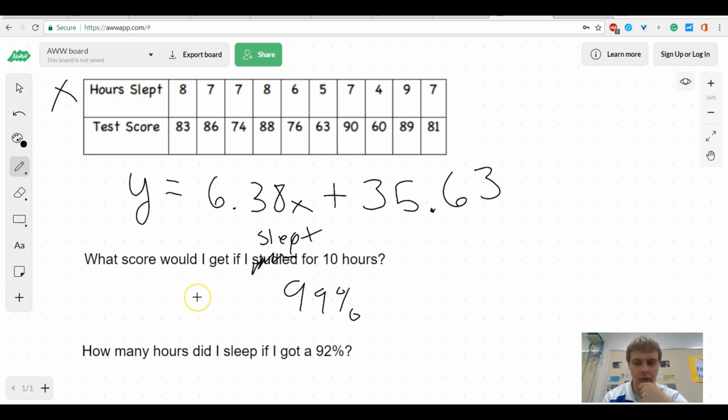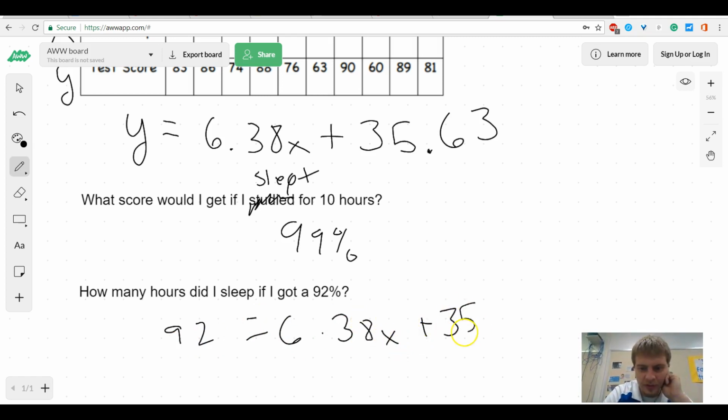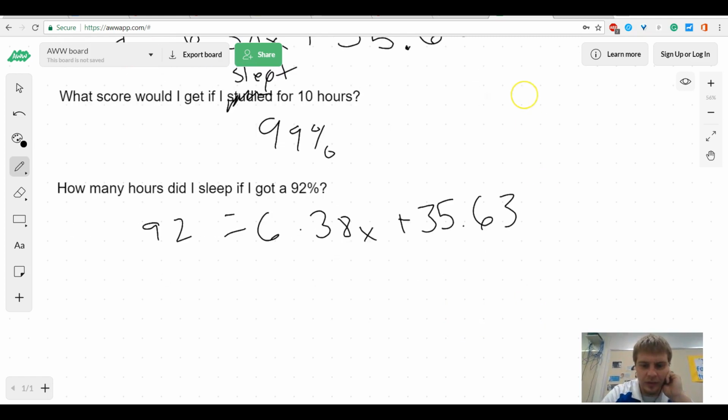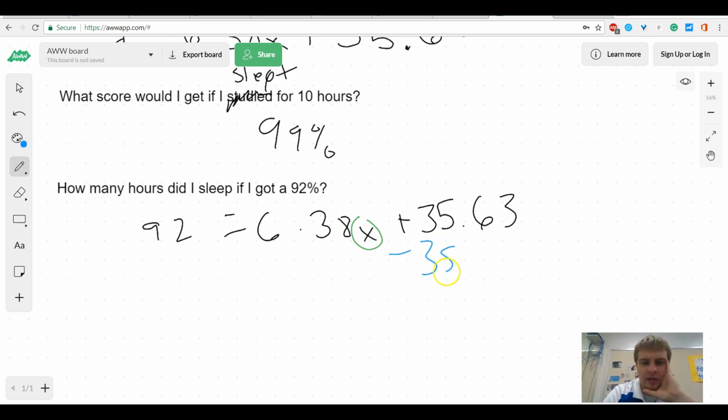Nice. The next question is how many hours did I sleep if I get a score of 92%? Instead of plugging this into our x, because this is our percentage, we're going to plug that into our y. Now we have to do a little bit of algebra to solve this. We can't just plug it into our calculator, but that's okay. All I have to do is get x by itself, by subtracting the 35.63 on both sides.